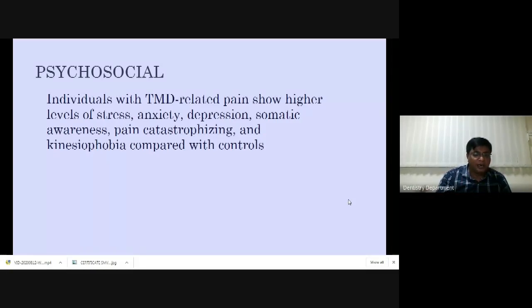One is whether you are having exams on these dates or not, because examinations lead to anxiety, stress, etc. Or it may be depression related. Many times the level of stress is directly proportional to the level of TMD. So stress reduction, that's why the biopsychosocial model is being followed. You have to address the psychosocial issues also.